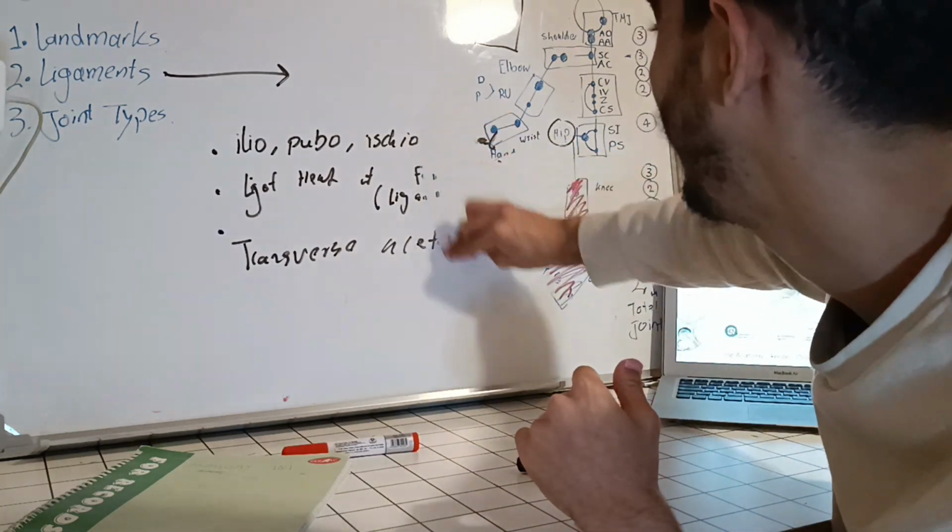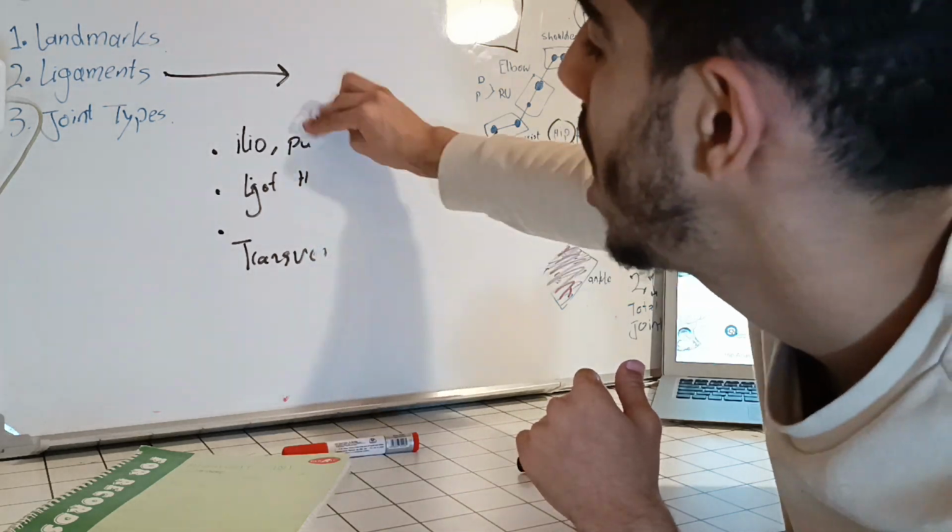This is in the hip. Three ligaments in the hip.